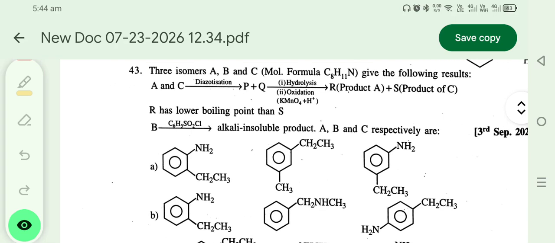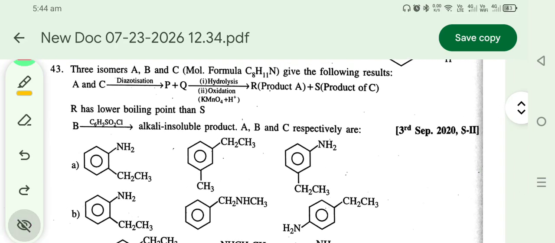The isomers A, B, C with a molecular formula. A and C give a diazonium, which indicates it is a primary amine or aniline group. And B with sulfonyl chloride gives an insoluble product. Insoluble indicates a secondary amine. By these two observations, A and C are primary, B is secondary.